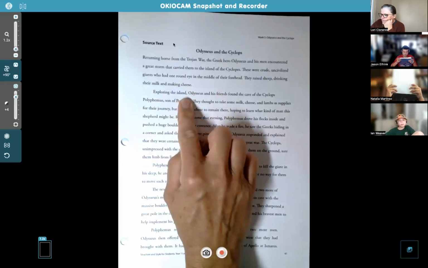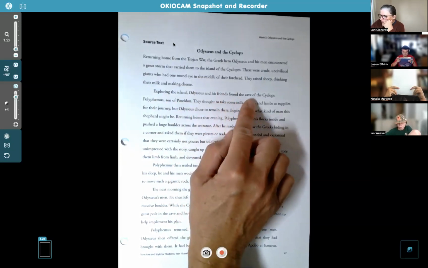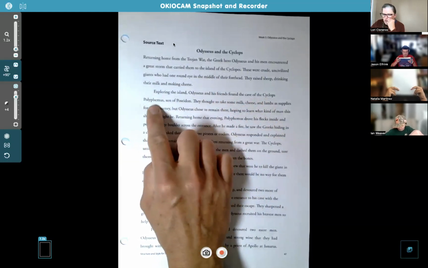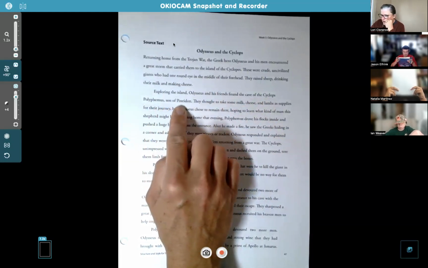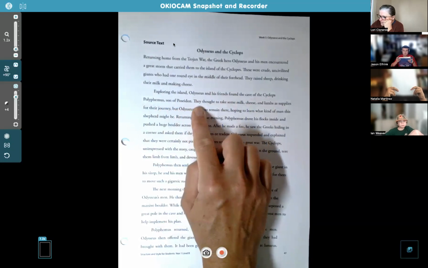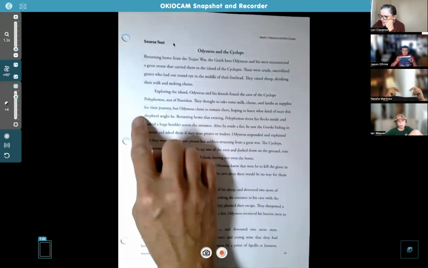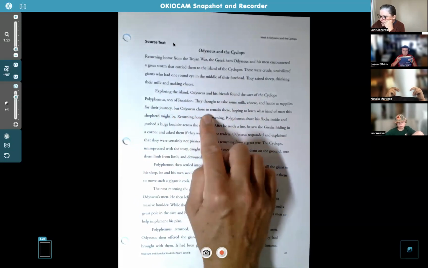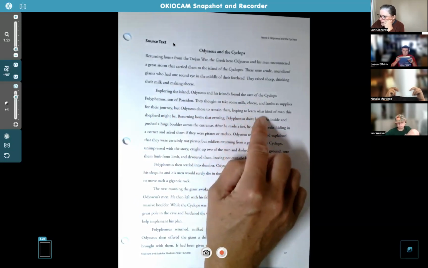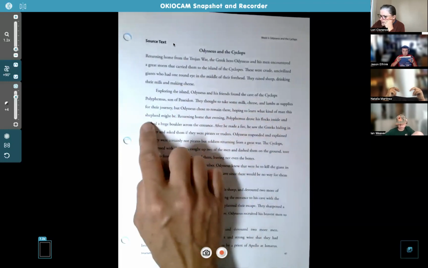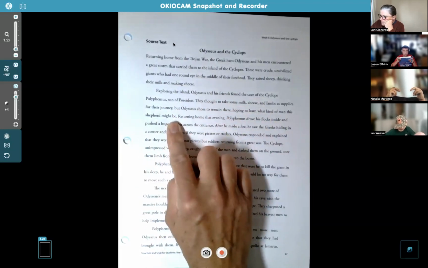Exploring the island, Odysseus and his friends found the cave of the Cyclops Polyphemus, son of Poseidon. They thought to take some milk, cheese, and lambs as supplies for their journey, but Odysseus chose to remain there, hoping to learn what kind of man this shepherd might be.